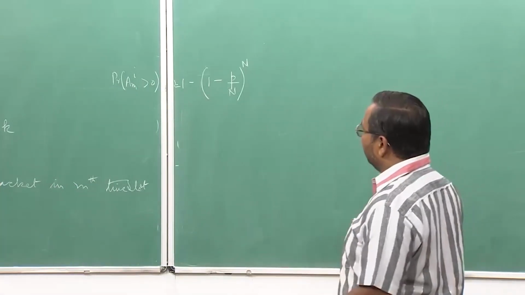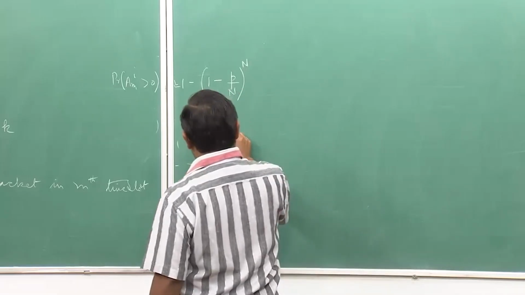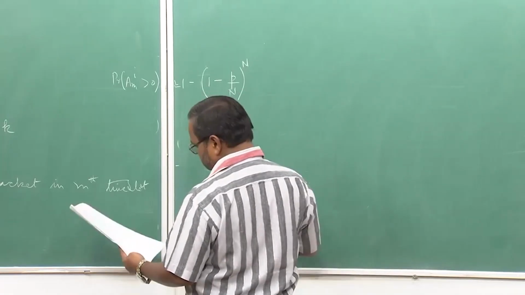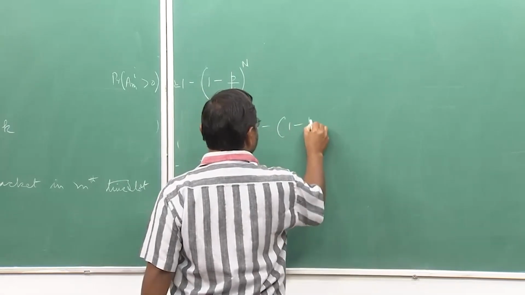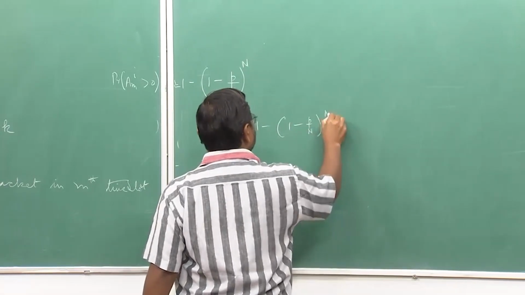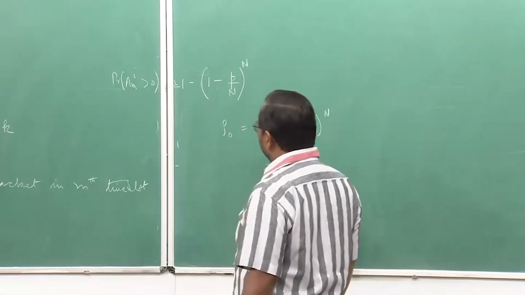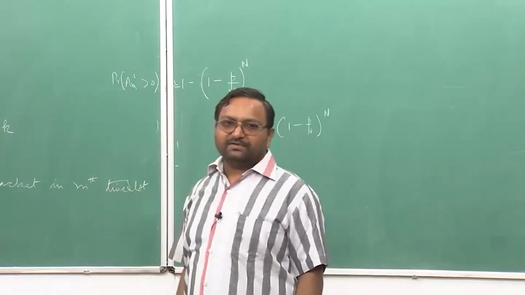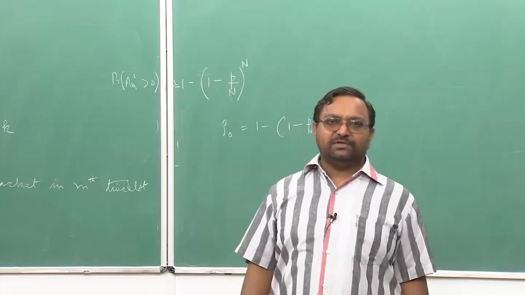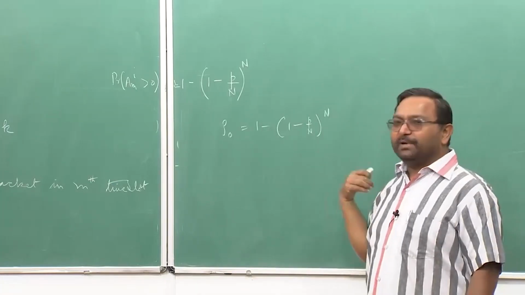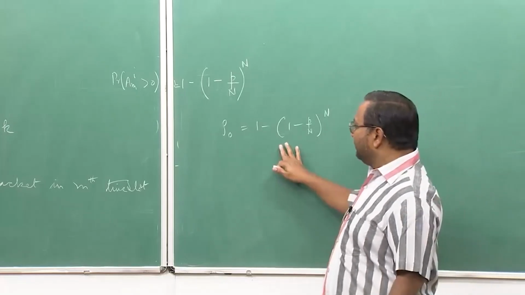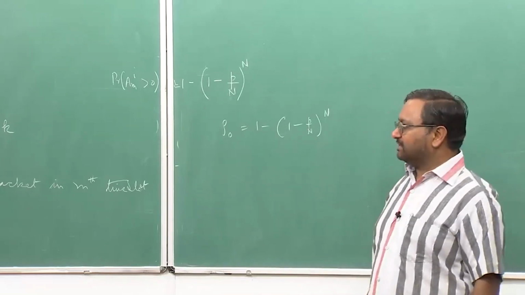So, the output trunk utilization should be equal to this, which implies that rho naught will be 1 minus (1 minus p by n) raised to power n. And since the earlier result which we have computed is for an infinite size switch when n goes to infinity, let me also take the limit so that I can compare what happens when n goes to infinity for this case.